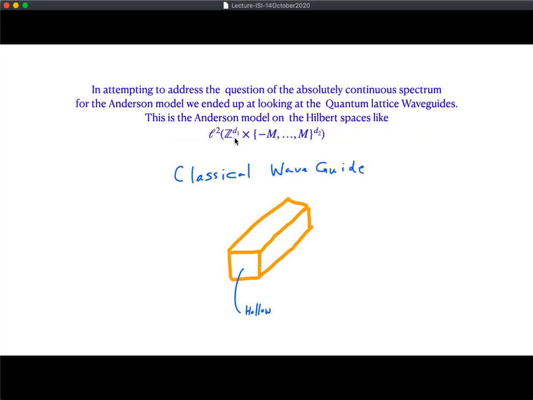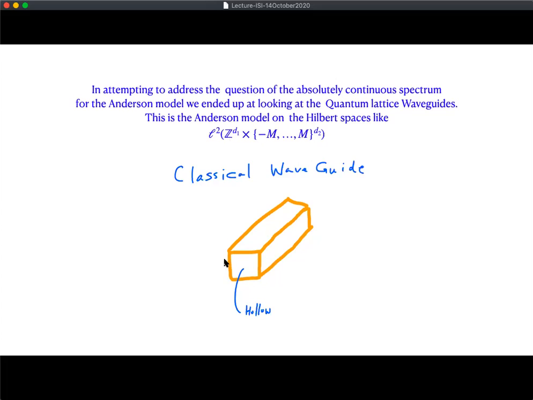One part is a d1-dimensional lattice, product with a finite set raised to d2. So this is like a tube. If I take d1 to be 1 and d2 to be 1, then this is nothing but m lattice lines. That's a quantum lattice waveguide.